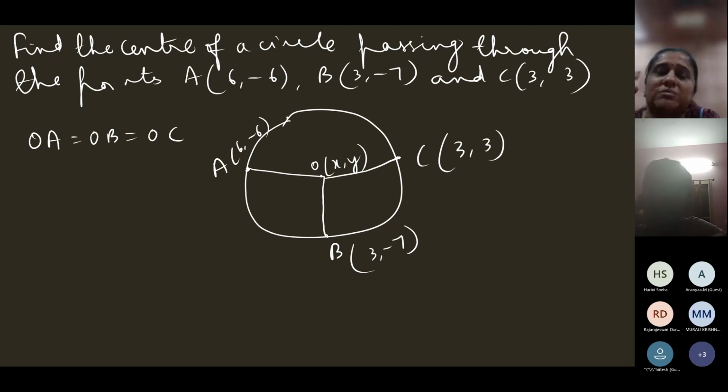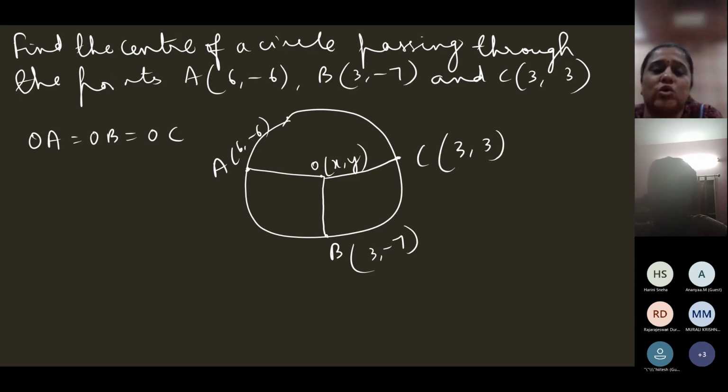So like how we worked PA, PB, PC, this is also similar. There is one point O which is equidistant from the points A, B, and C. Similar to that question we worked, a point P is equidistant from the points A, B, and C. So here, the point O, the center of the circle, is equidistant from the 3 points A, B, and C. OA is equal to OB is equal to OC, the reason is radius.